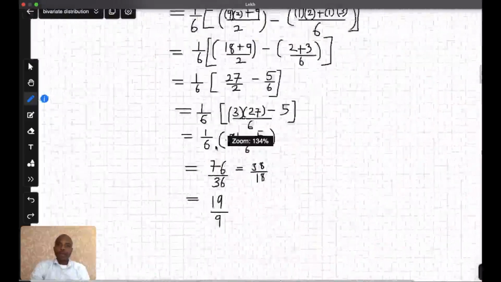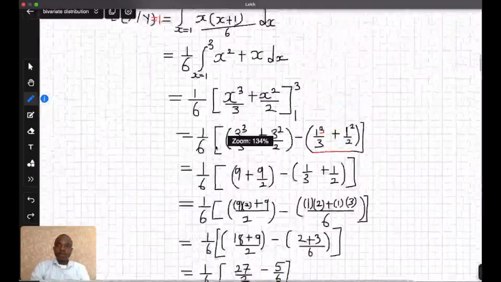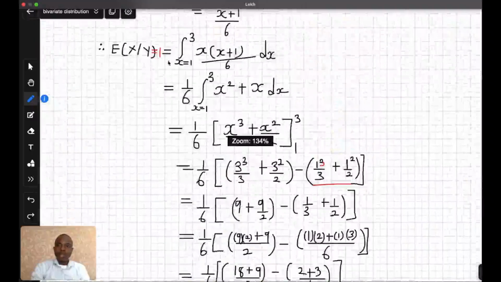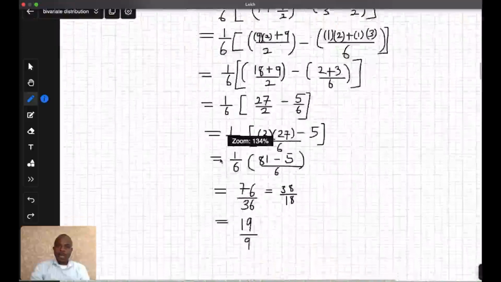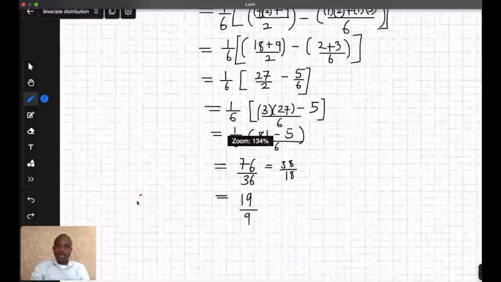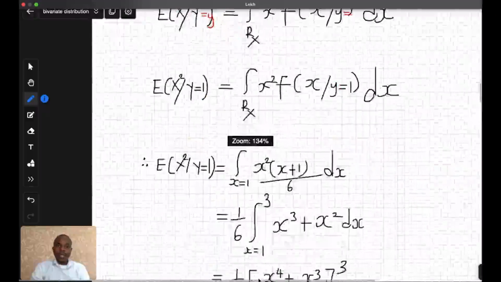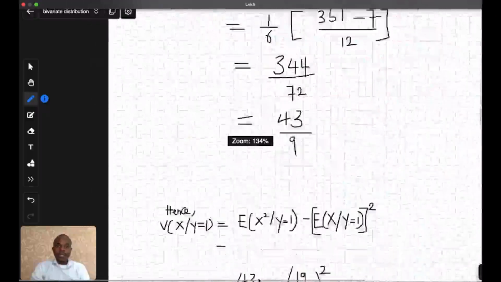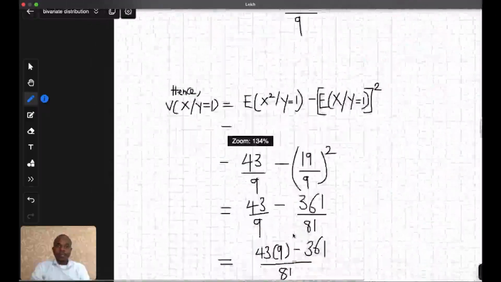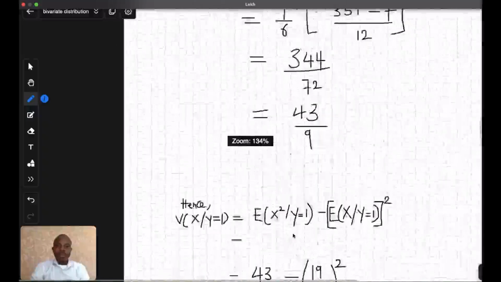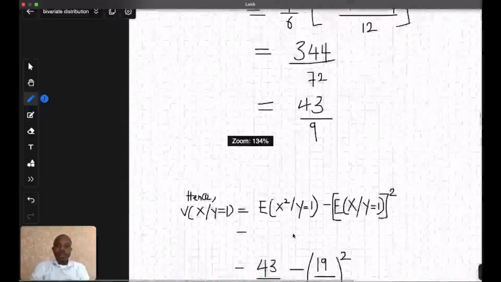Okay, so this is the expected value of x given y, and actually the expected value of x given y equal to 1 is what we have here. It's equal to 19 over 9. All right, now in that case, we return back to obtain our variance.